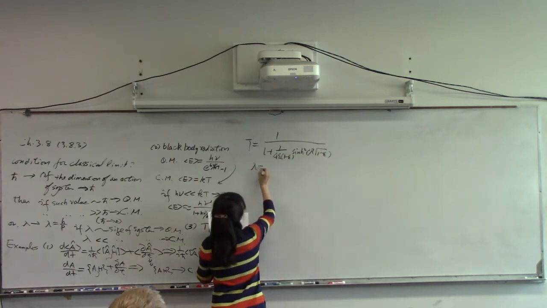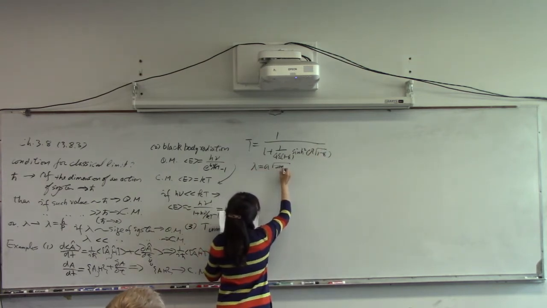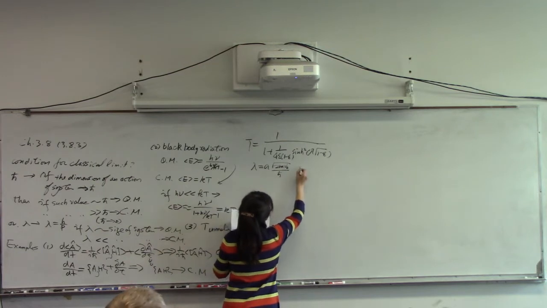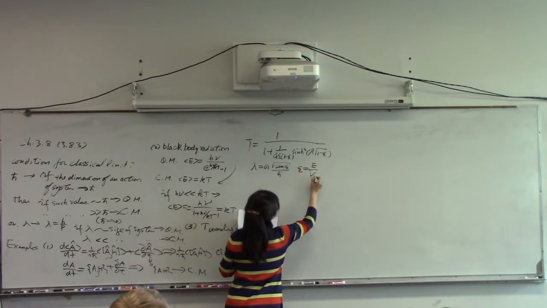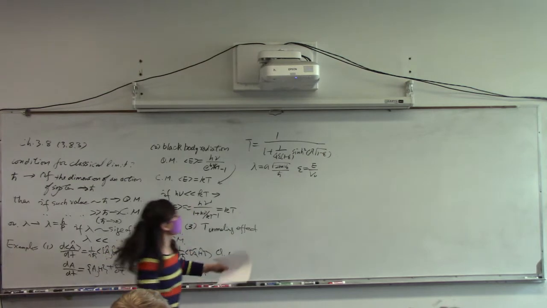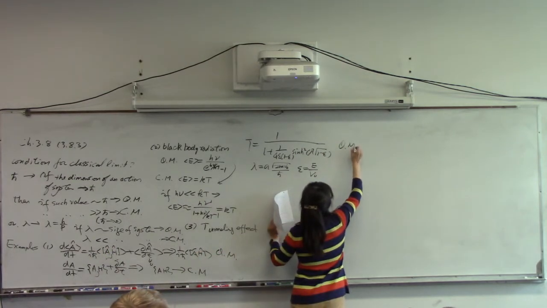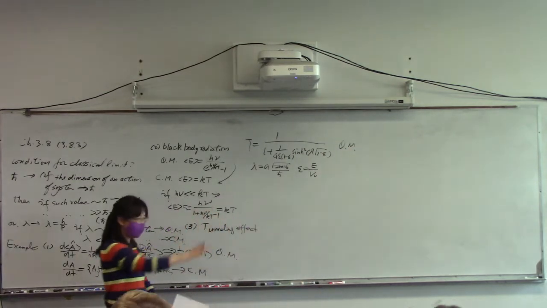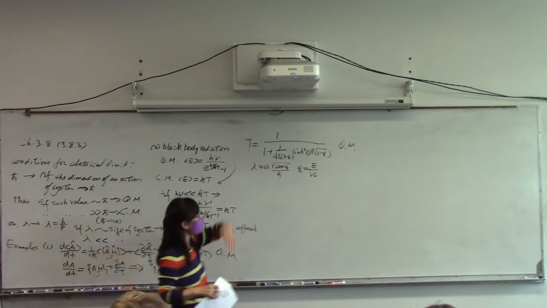Remember lambda is a over 2 m v naught over h bar, and epsilon is E over v naught. That is quantum mechanics. And we already said that is non-zero, so we have tunneling even when we have an energy barrier.